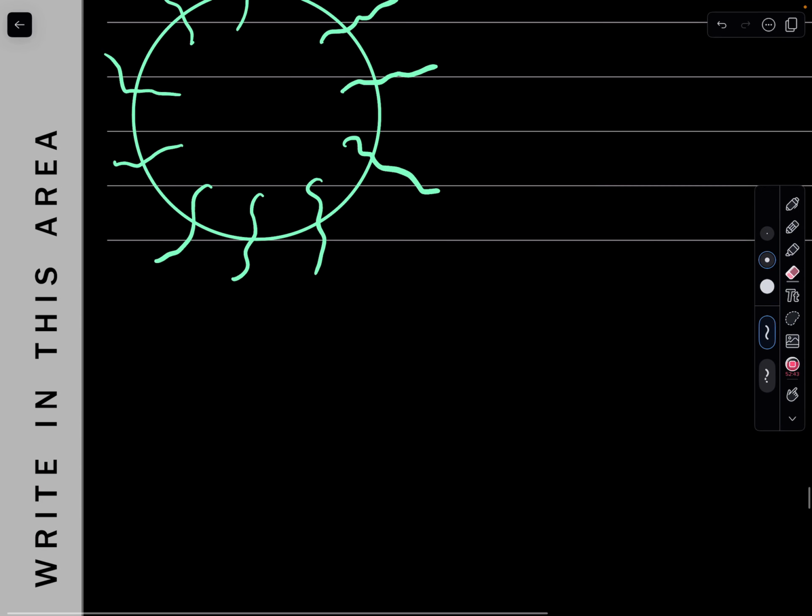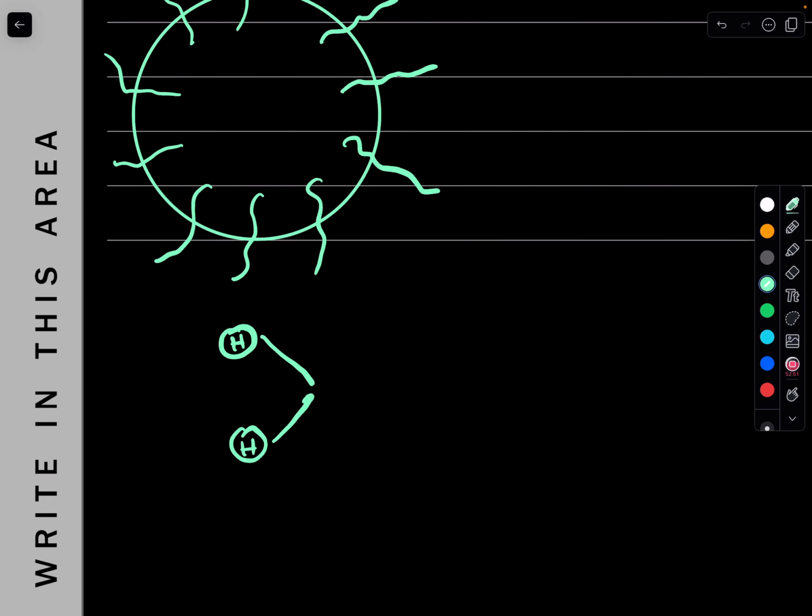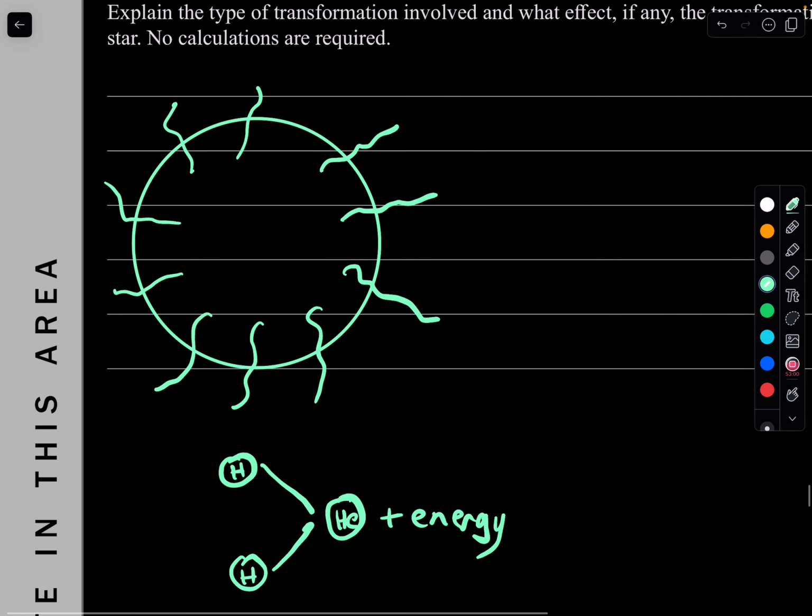When you get 2 helium atoms inside our sun in this example colliding with each other, forming a different nuclei, it will release some energy. That's what energy is releasing from the sun.